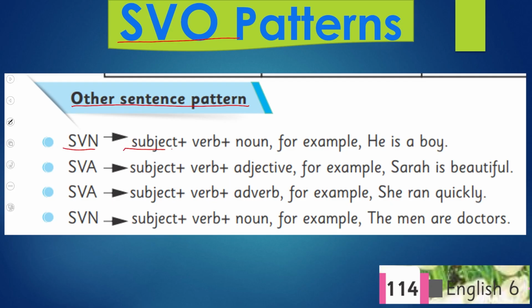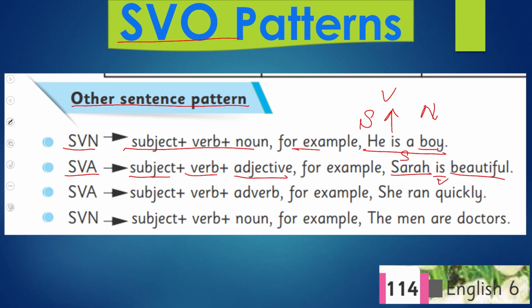SVN, subject verb noun. For example, he is a boy. He is the subject, is a verb, and boy is a noun. So we can say that this is SVN. The next one is SVA, subject verb adjective. For example, Sarah is beautiful. Sarah is the subject, is is the verb, and beautiful is an adjective.